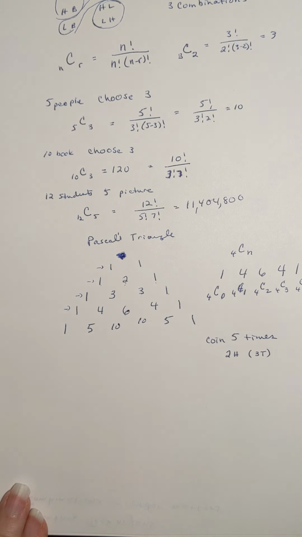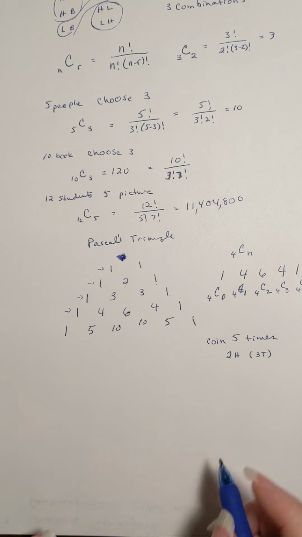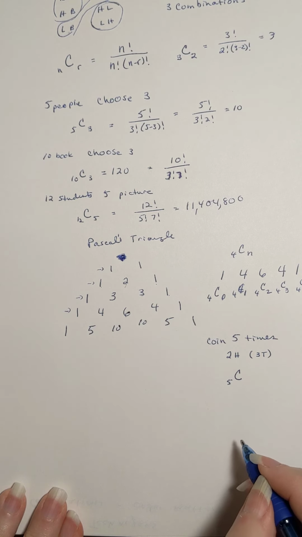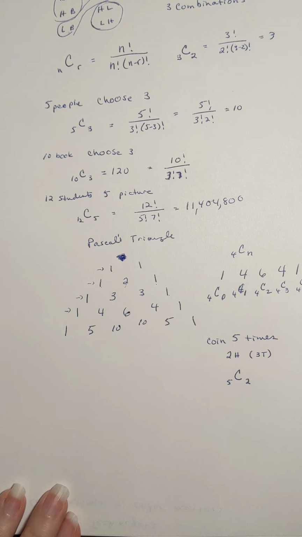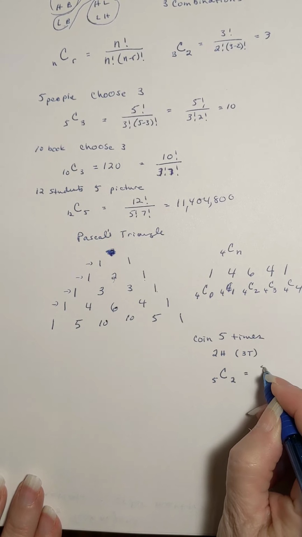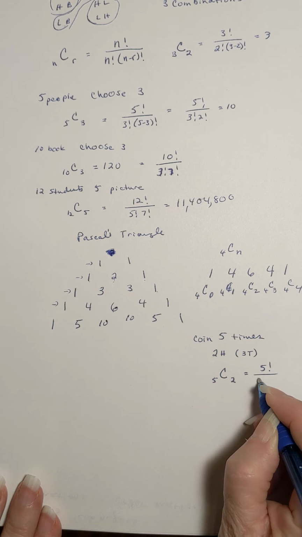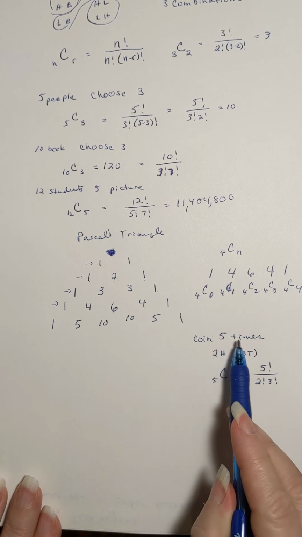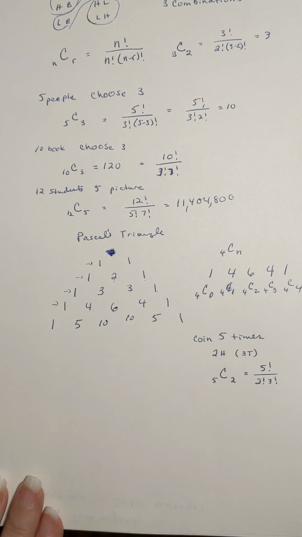But I'm going to focus on the 2 heads for right now. So this would be the combination of 5 coins, and I want to get 2 heads. Now the other ones would be 3 tails, right? So this would be 5 factorial over 2 factorial, 3 factorial. But notice if I said what's the number of ways of getting 3 tails, it would be the same thing. All right?